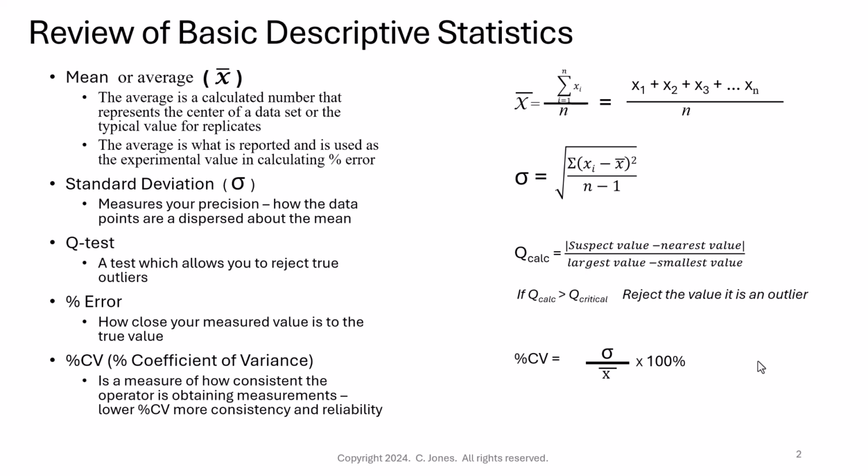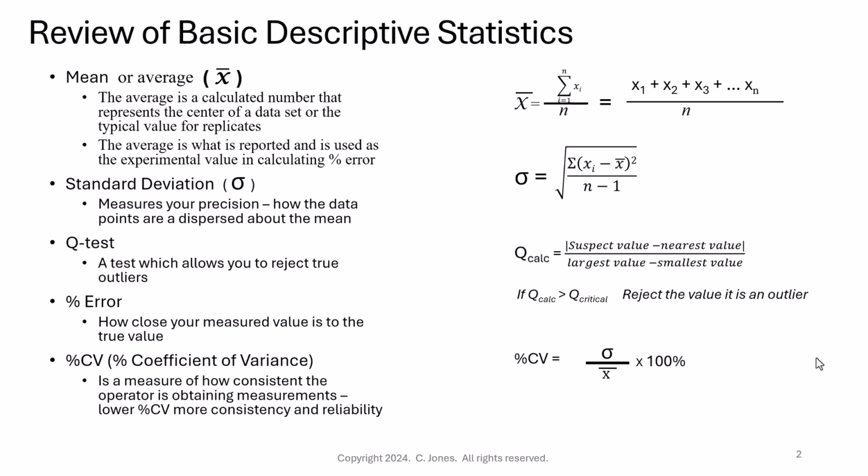This is a measure of how consistent the operator is in obtaining measurements. The lower the percent CV, the more consistent and reliable the person making the measurements is. So the percent CV is calculated by dividing the standard deviation by the average. So standard deviation is the numerator, the average value is in the denominator, and then we multiply this by 100%.